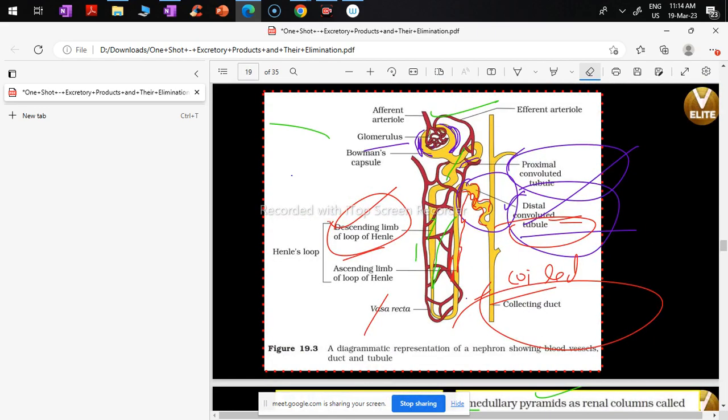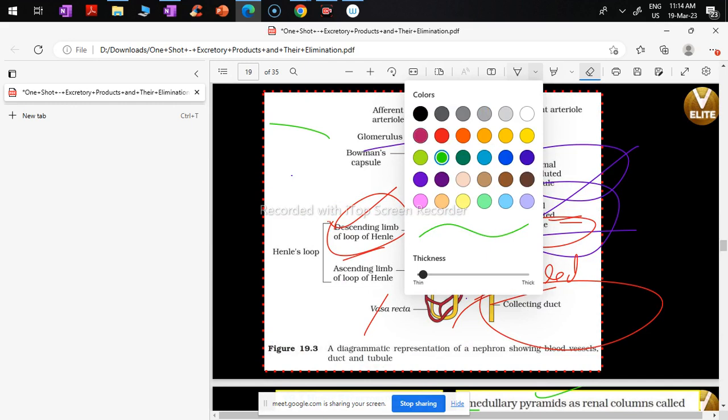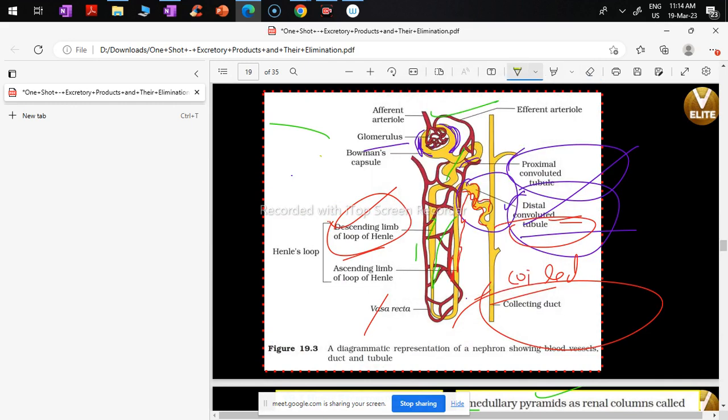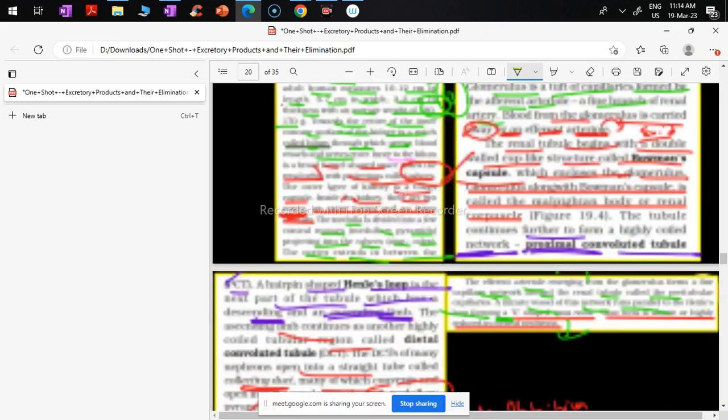This yellow U-shaped structure is the Henle's loop. But can you see here the red colored capillary network around it, which is the vasa recta.